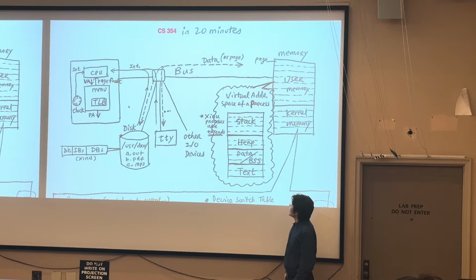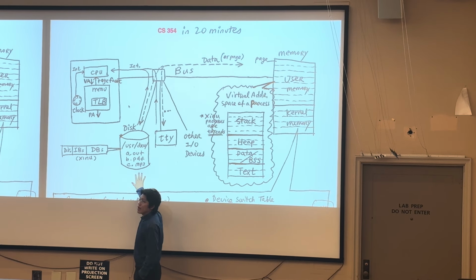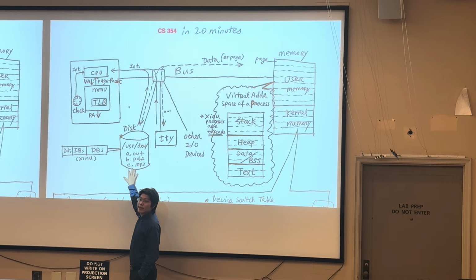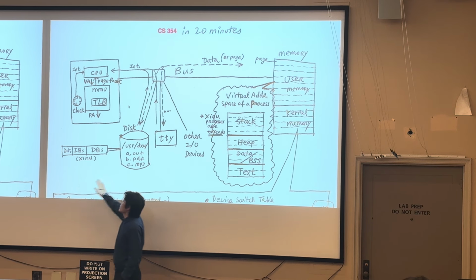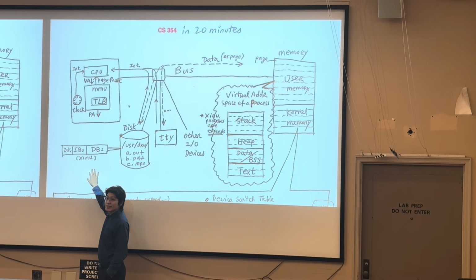Okay. All right, so that is memory, and then we learned disk management and file system. So you have directories, iBlocks, data blocks. This is how Xenu organizes its file system on disk.